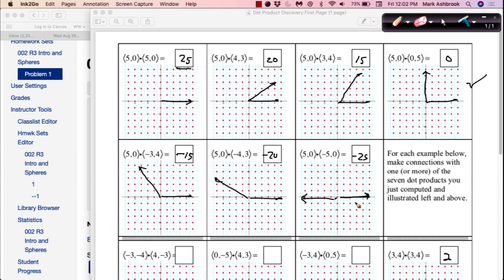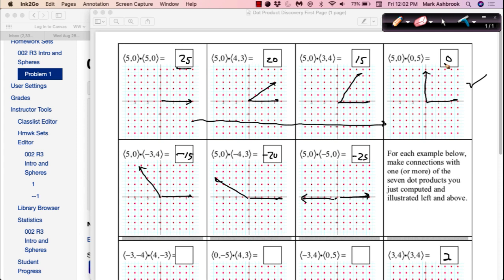The closer to 90 degrees, the closer to 0 the absolute value of the dot product was. Right. Good. So looking at this progression, as your angle increases and you get closer to 90, what happens to the dot product? Smaller and smaller until?